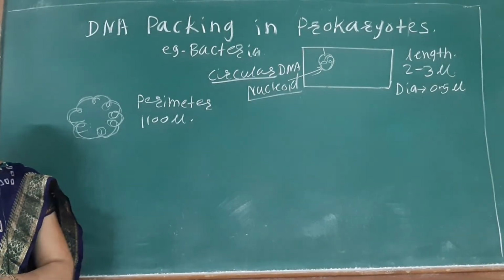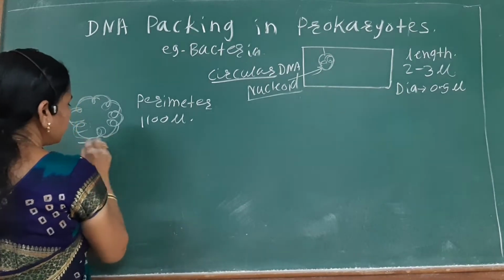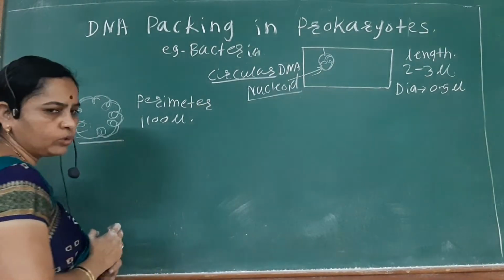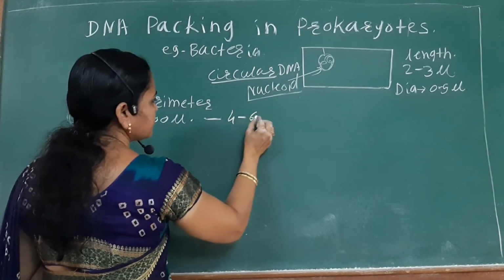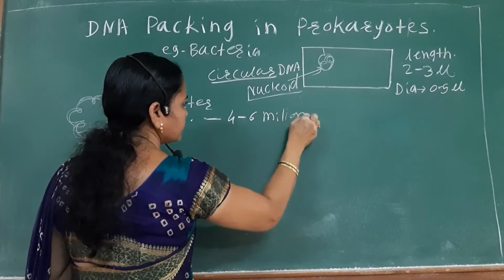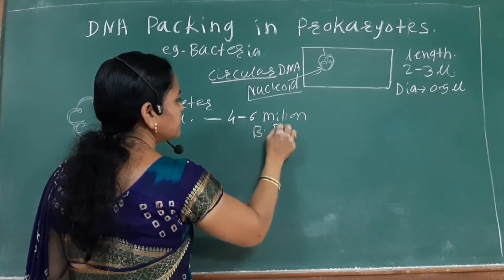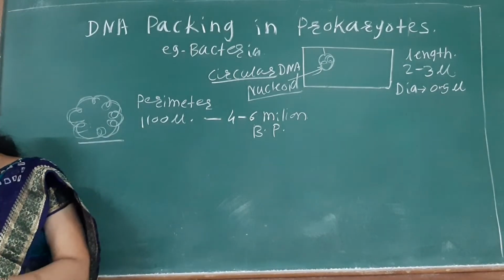This circular DNA, known as the nucleoid, is made up of 4 to 6 million base pairs, that is the nucleotide pairs.